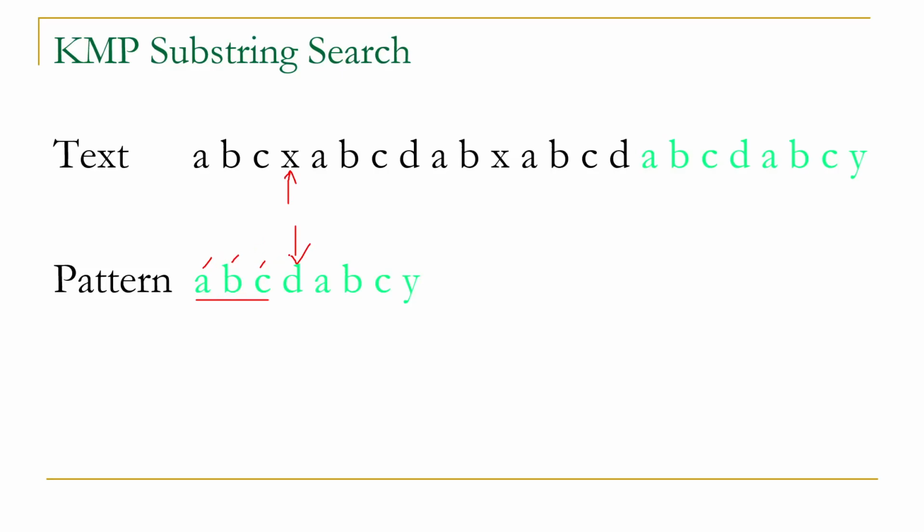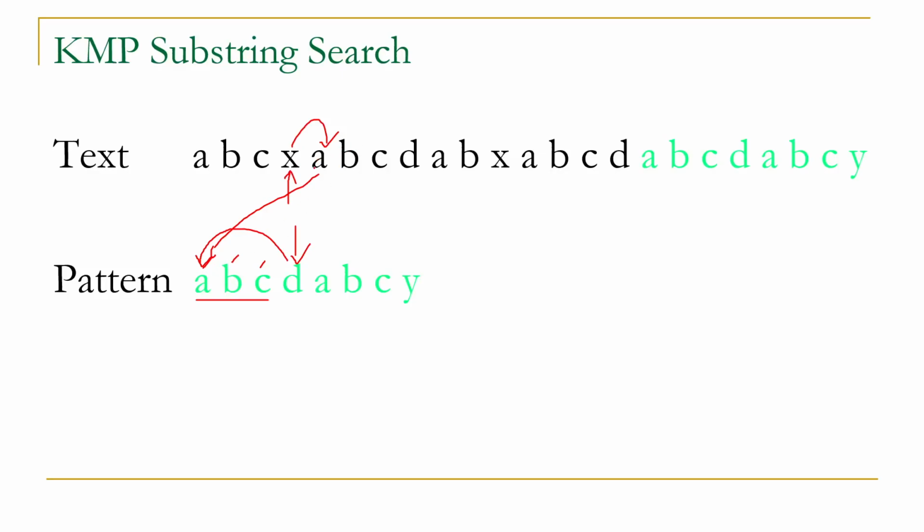So we have to go back to the index of a, and then we again check x and a. There is a mismatch, and we have to increase the text index to a, and check a and a is matched.